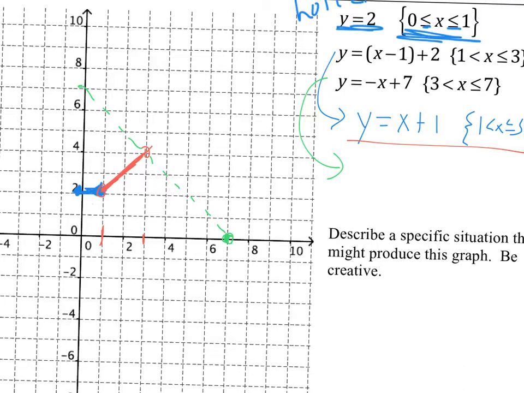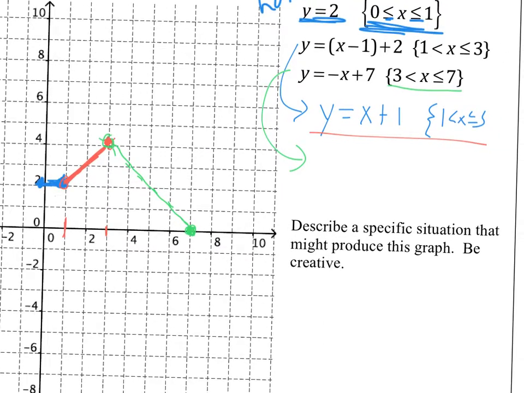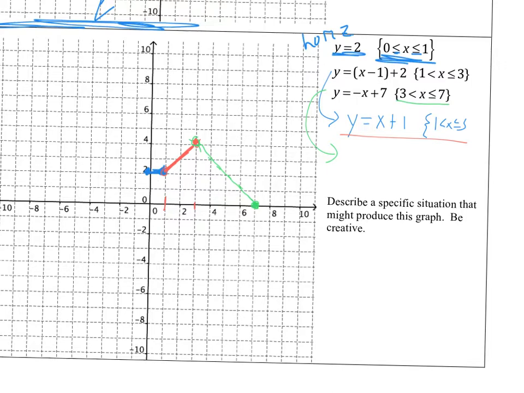So again, since we're looking between 3 and 7, and I guess that should be a closed red circle there from the previous problem, an open circle going down and ending here. Because I only care about starting at 3 and going to 7, I'm going to erase anything that's before 3. I end up with a graph that looks kind of like a mini mountain with a little plateau on one side. And what I might do is make sure that everything's connected. In this case, they do connect, which is nice.